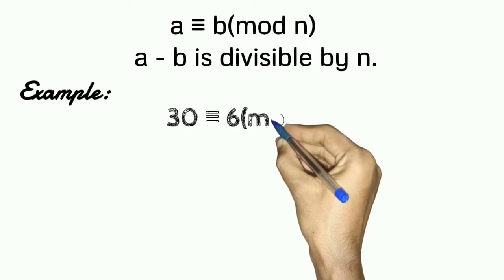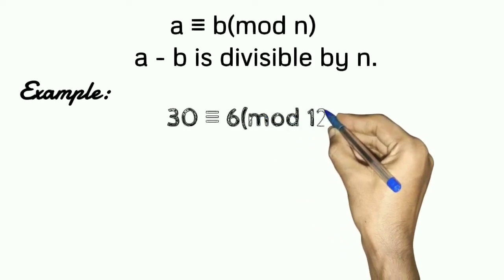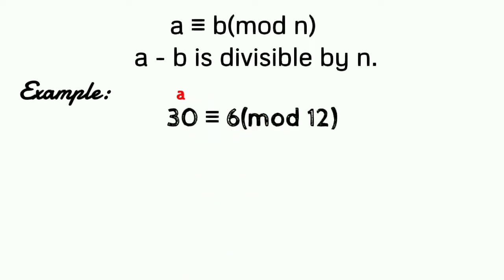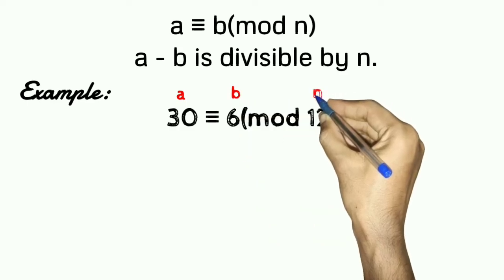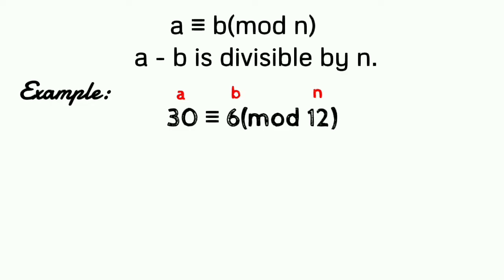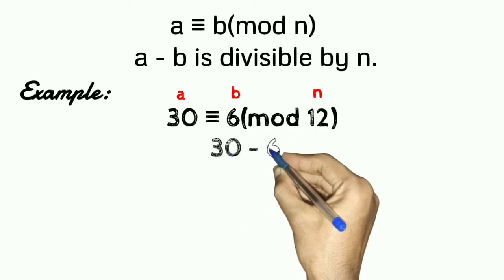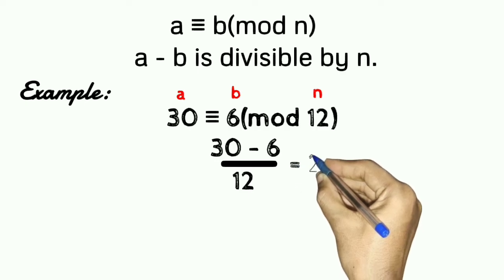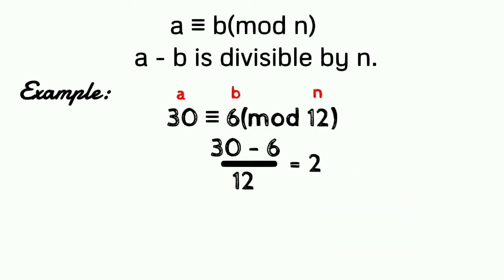Let us study the following example. In this example, our a is 30, our b is 6, and our n is 12. 30 and 6 are considered congruent modulo 12 because 30 minus 6 divided by 12 is equal to 2. 30 minus 6 is 24.